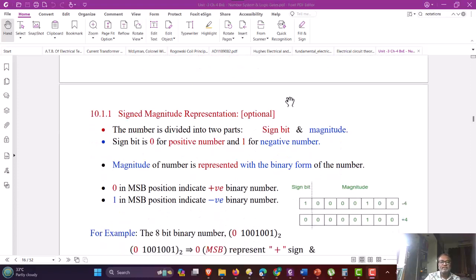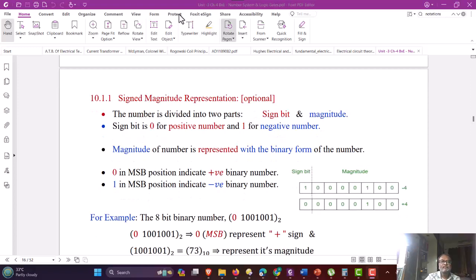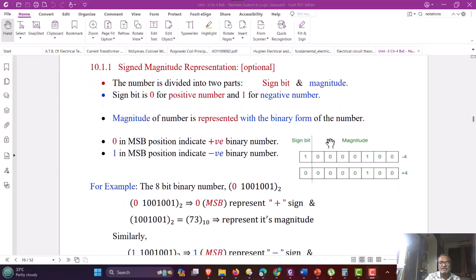Sign magnitude representation is another form of representing a number. In a sign magnitude number, as we discussed, one bit is reserved for the sign and the remaining lower significant bits are used for magnitude. The MSB is reserved for sign and the remaining bits represent the magnitude. Let us see an example.